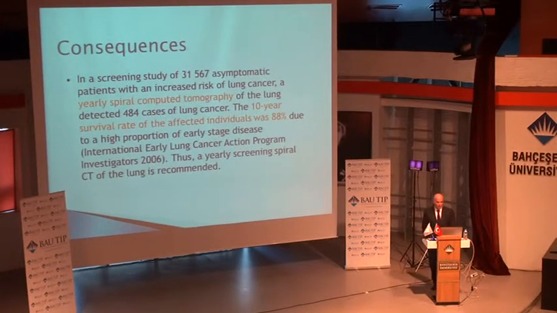They even advise a yearly spiral computed tomography of the lung, which I think, in my opinion, is too much, because the spiral computed tomography is a lot of risk as well for lung cancer itself, secondary lung cancer induced by radiation. So I would not say yearly, but probably every 2 to 3 years, and they did it here in this International Early Lung Cancer Action Program and had an 88% reduction of lung cancer found.